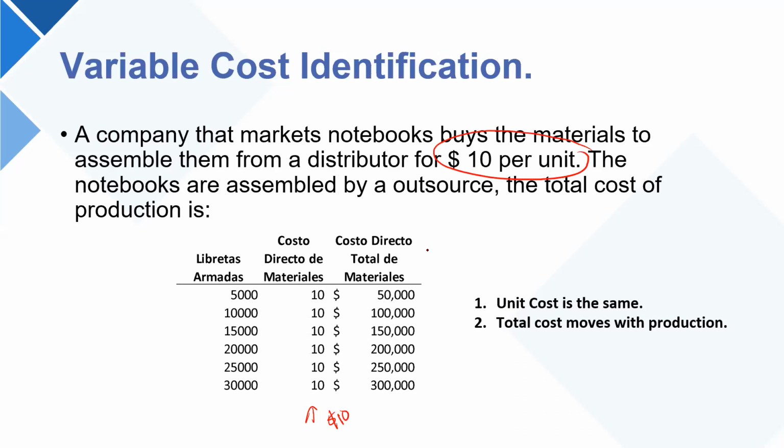But when we look at the total cost, you can see that it increases for each period. It increases, and it increases. Why is the total cost increasing? Because the total cost is a function of the number of notebooks, the number of products, times the unit cost. So my total cost is equal to unit cost times units produced.